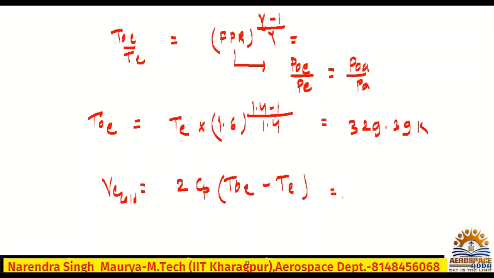This is nothing but T naught E minus 288, into 2 into Cp is 1005. Take root of it. It is somewhat 288.43 meter per second.